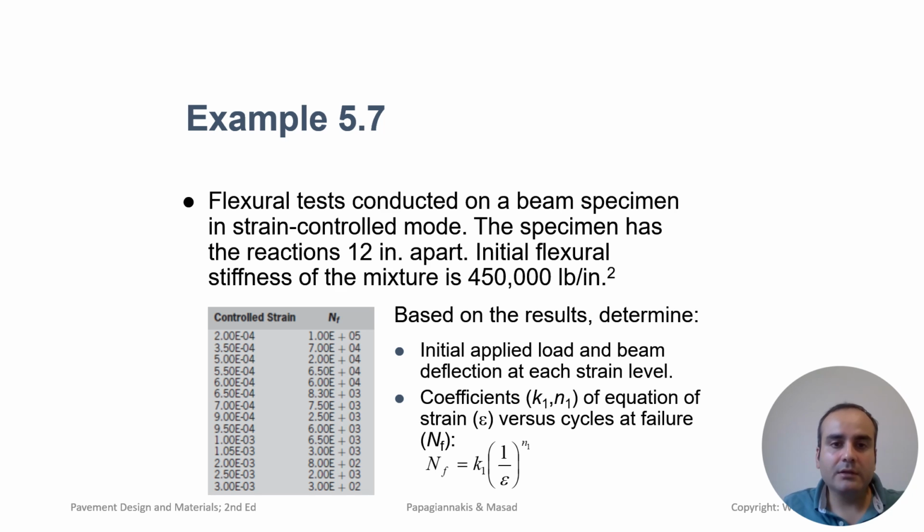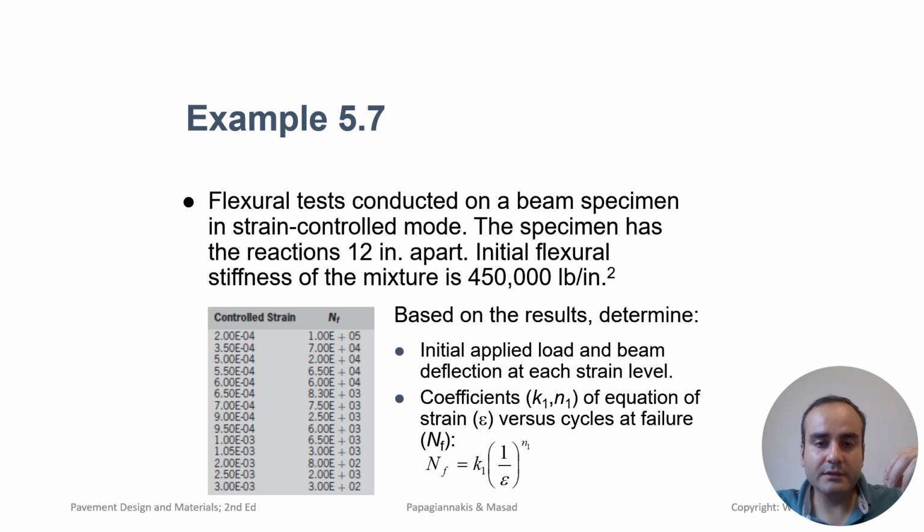In this example, beam fatigue tests are conducted on a beam specimen in strain-controlled mode. The specimen has reactions 12 inches apart. The initial flexural stiffness of the mixture is 450,000 pounds per square inch.